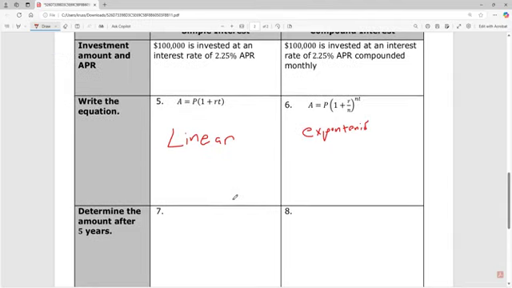Okay, so let's figure out how much each one of these would be. Same amount of principal. So that's our P value.